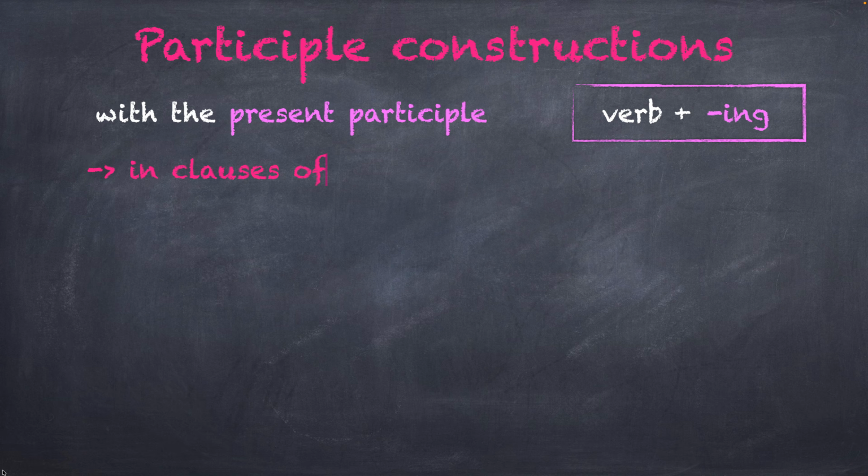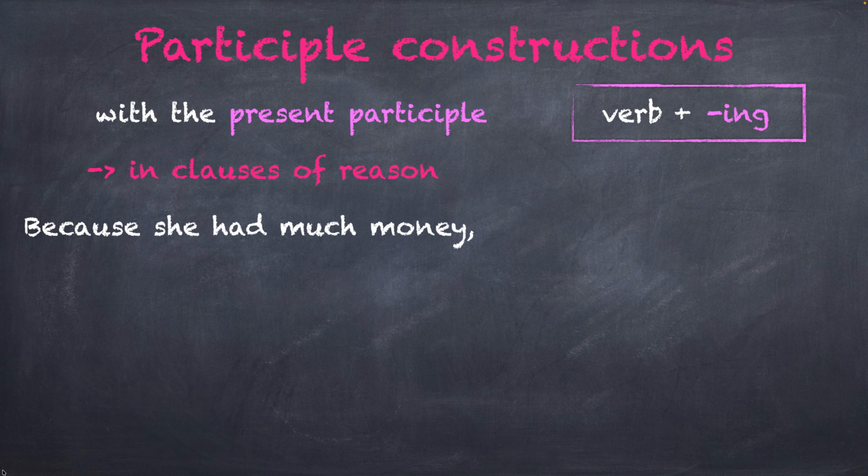Let's look at clauses of reason. Here, another example. Because she had much money, she bought a new house. The reason for the new house is because she had much money. So we can replace this clause, the because she had much money, with a participle construction.